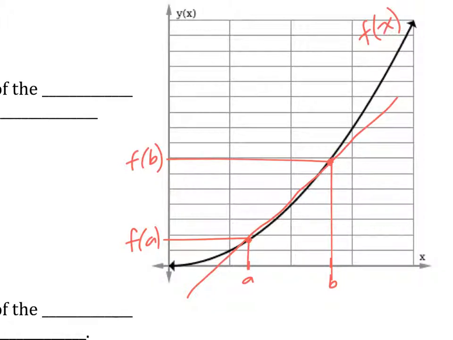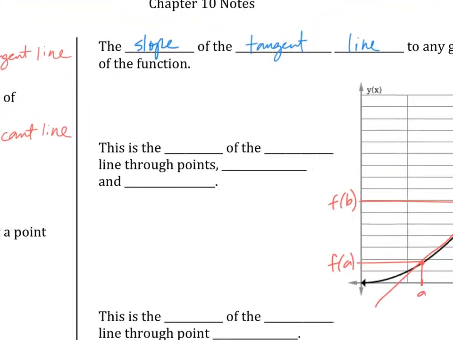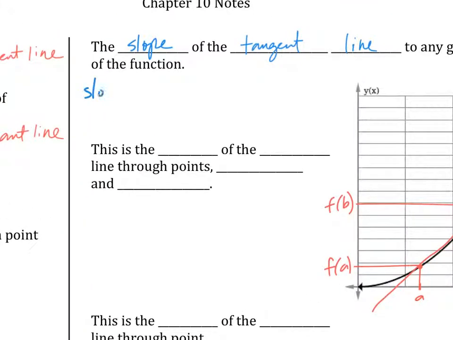f over b minus f over a. Not quite. Okay, maybe talk to your partner. Write down something. What is the slope of the secant line? I am going to give you a hint. Slope is change in y over change in x. Did you guys learn this way?